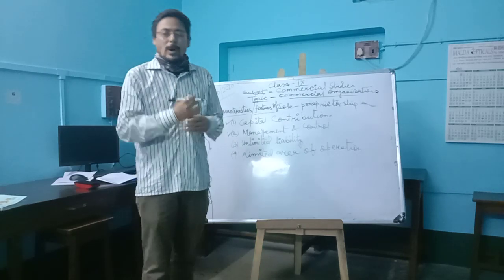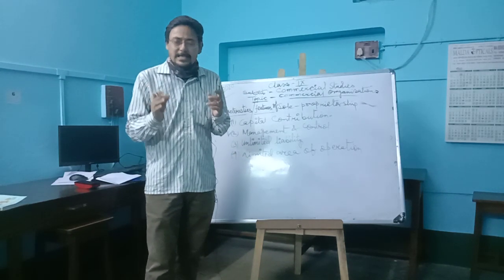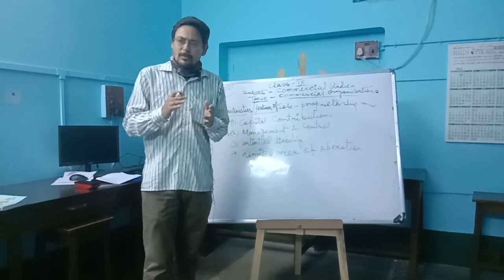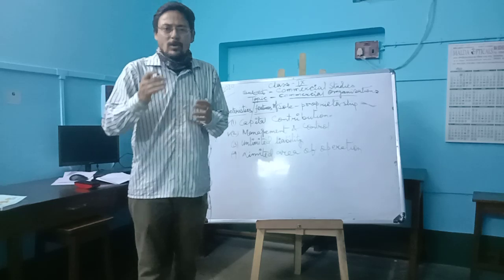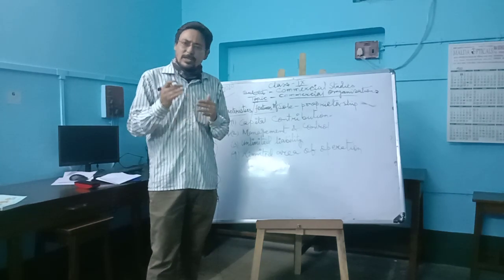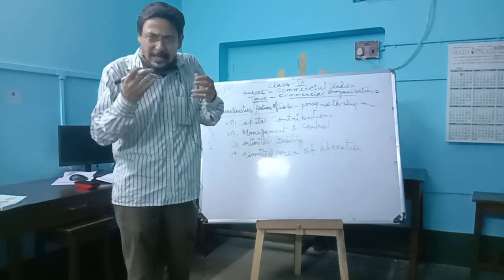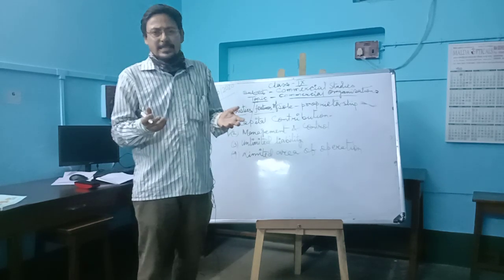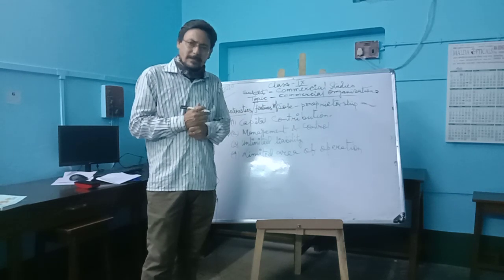Clear? Whatever be the timings of the business, how much time, what is the time to close the business at the end of the day, at what time he or she will open, or which type of activities are to be done by him inside the business, everything is managed by him and controlled by him.